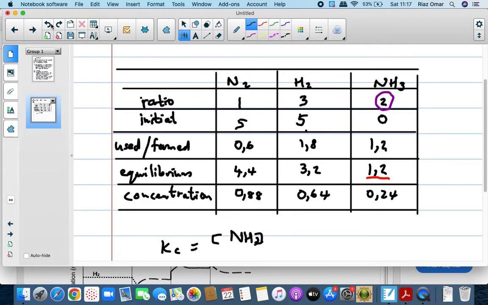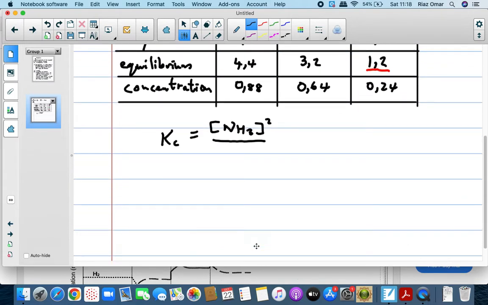Let's just write this properly. Kc is equal to the concentration of NH3 to the power of 2, all over the concentration of nitrogen to the power of its balancing number, and the concentration of the hydrogen to the power of its balancing number, that is 3.